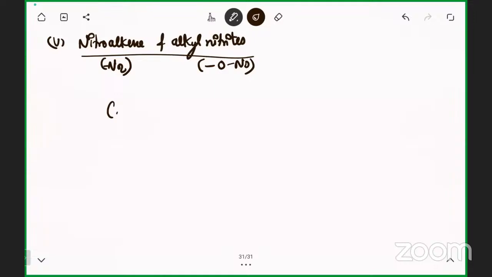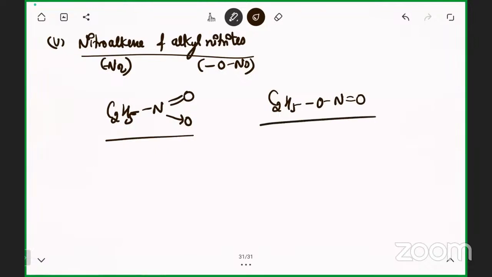So for example, I'm taking C2H5 N double bond O single bond O. Another example, I'm taking C2H5 O NO. So if you see, both compounds have the same molecular formula, but the functional group is different, so they are known as functional group isomerism.